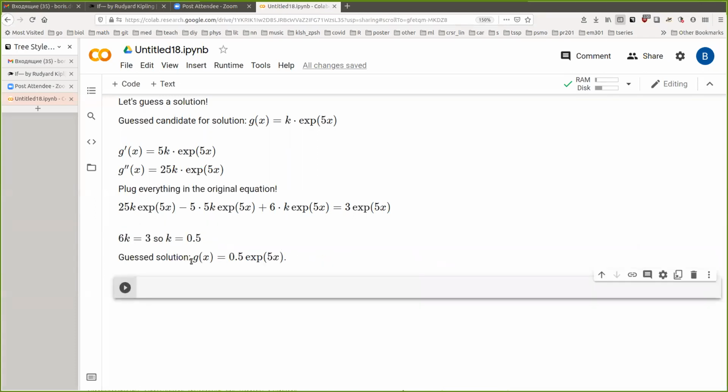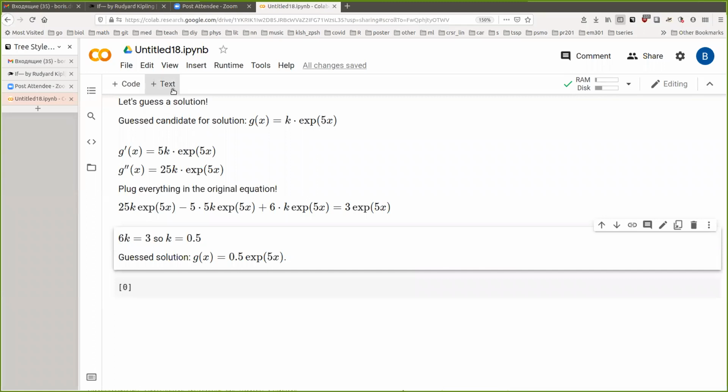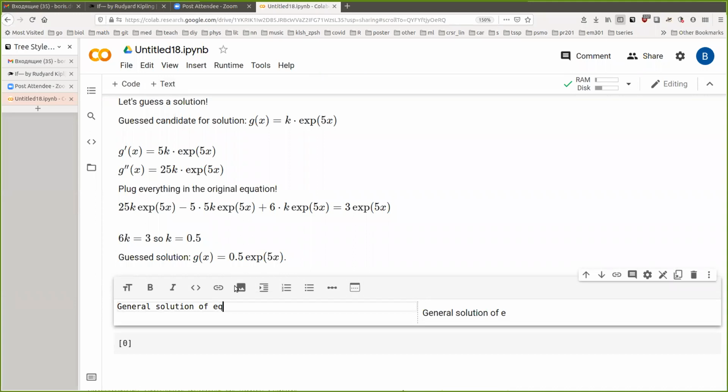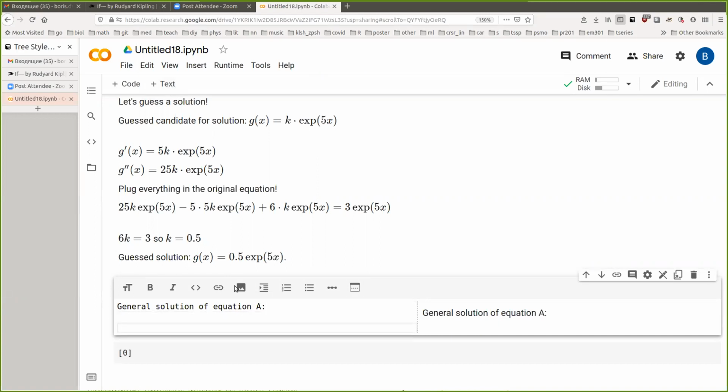And this guessed solution allows me to write the general solution of the original equation, the general solution of equation A. What should I do with the homogeneous solution and this guessed solution?